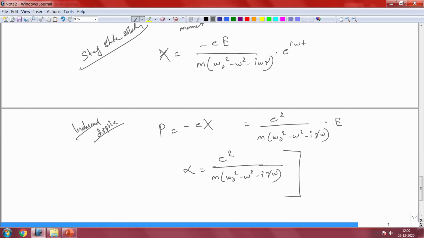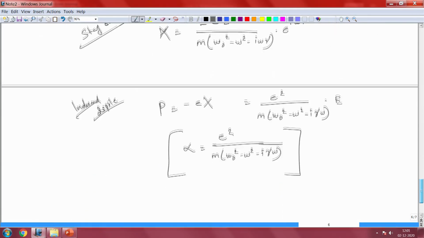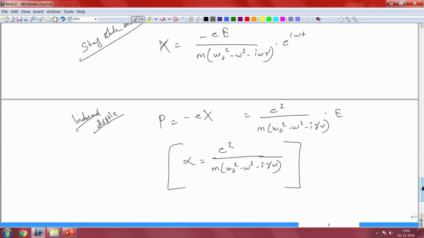So this is our alpha term, all right, and n, of course, we will come to that a little later, but now you can already see where we are getting at, right.